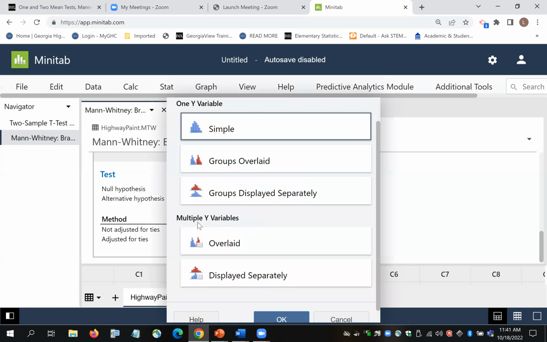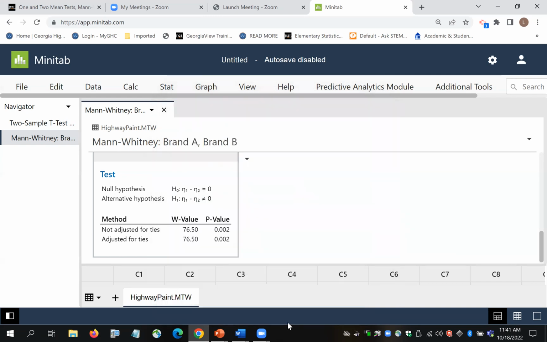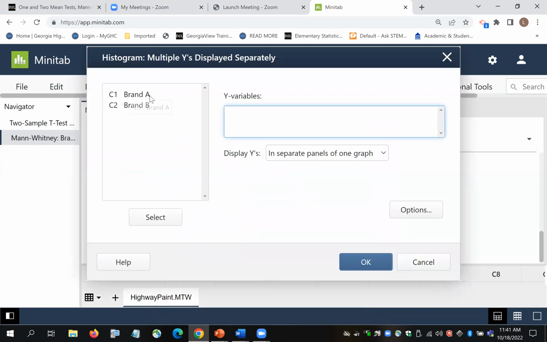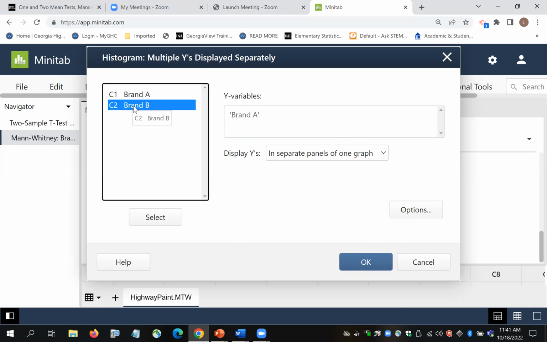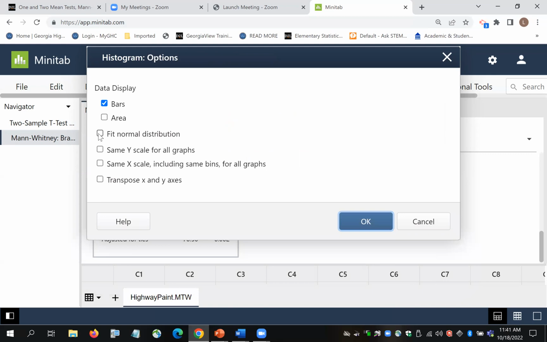I've got multiple Y's. I want to do two different Y's separately, so I want it to do brand A, brand B, and I want it to create separate graphs. And I want it to fit a normal distribution.